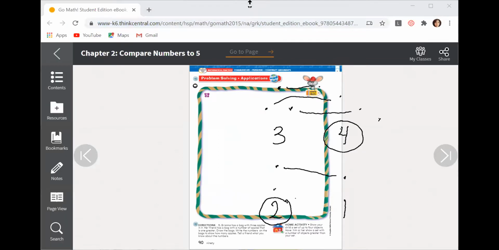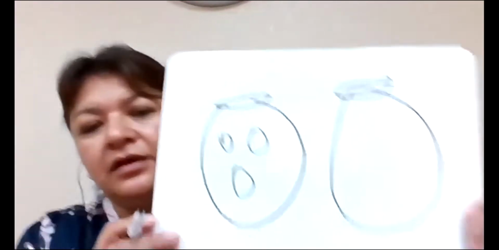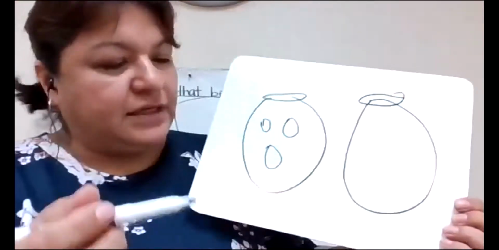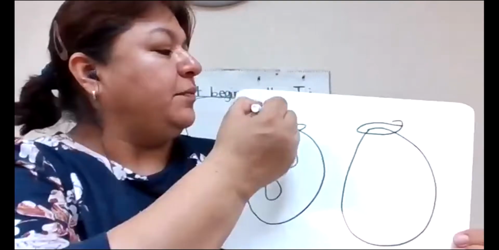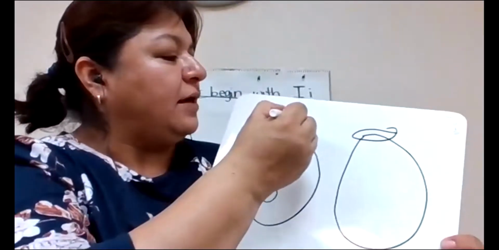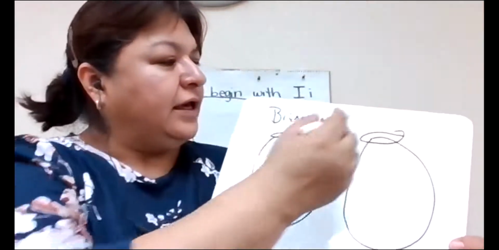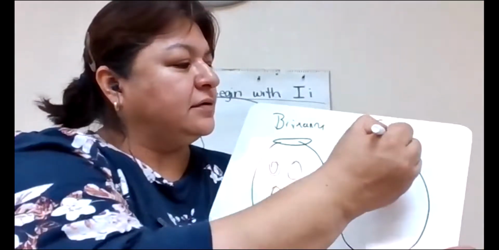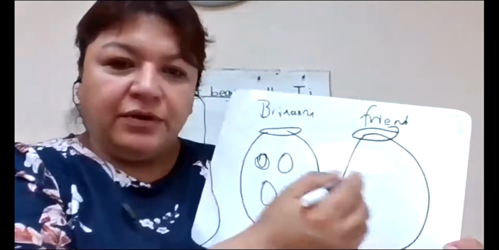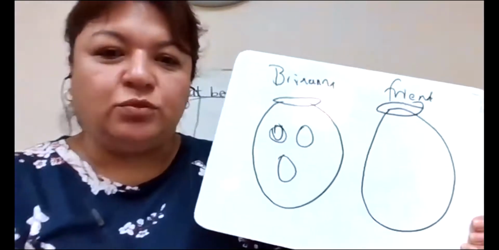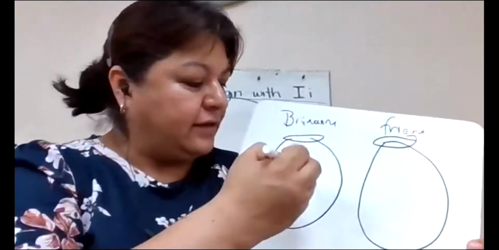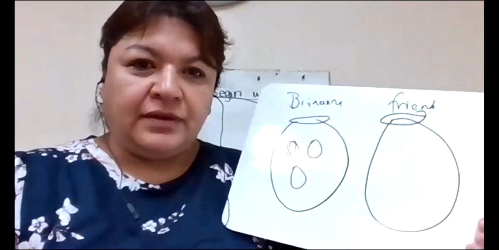Okay, I'm gonna stop sharing. So it's kind of tricky. We know Brianna has 3 apples. That's Brianna's apples. And her friend has a number of apples that we don't know, but it's 1 number greater than Brianna.